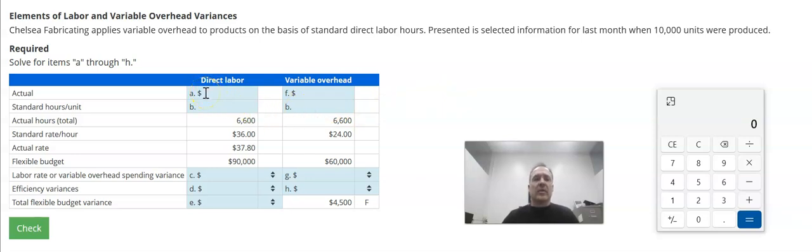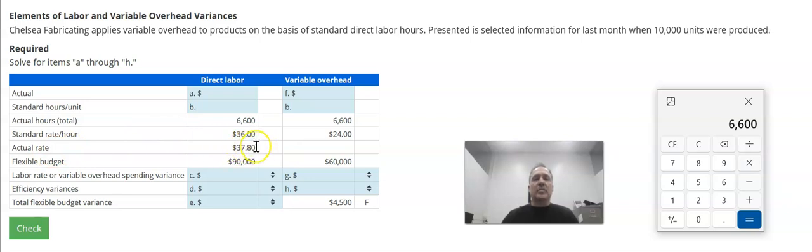So they have A through H, and the first thing that they want us to solve for is actual direct labor. Now, this is one I don't think you would have too much trouble with because they have given you the actual hours right here of 6,600, and they have given you the actual rate, right?